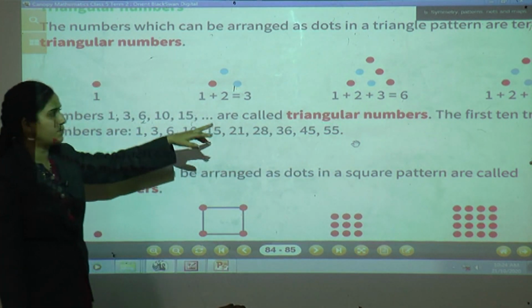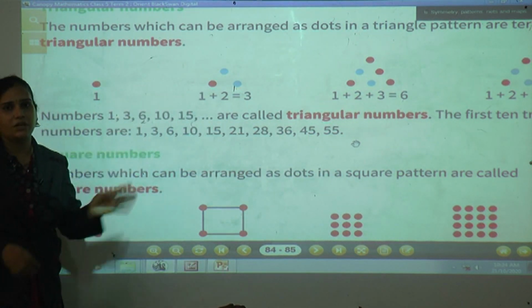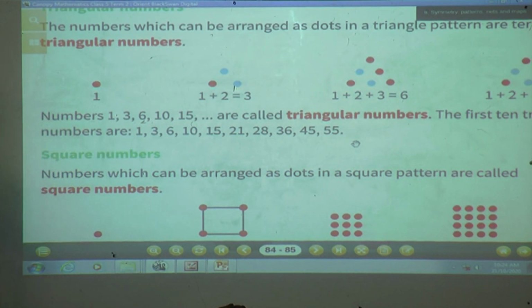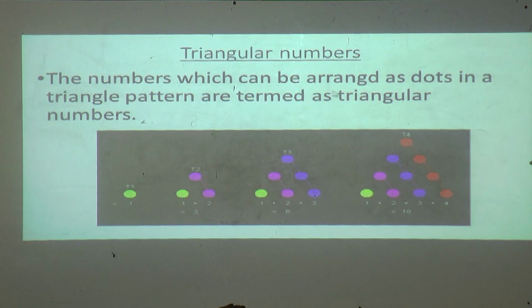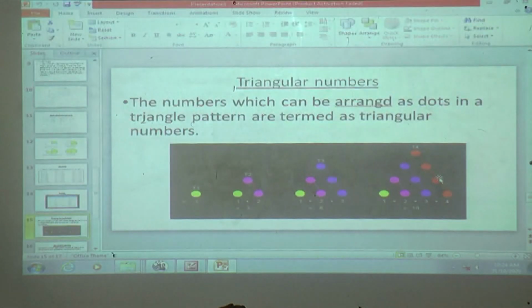So we can draw these numbers in this triangular form also. Okay, so these are the triangular numbers. Now see here, the numbers which can be arranged as dots in a triangle pattern are termed as triangular numbers. See, like this. Okay, so these are called triangular numbers.